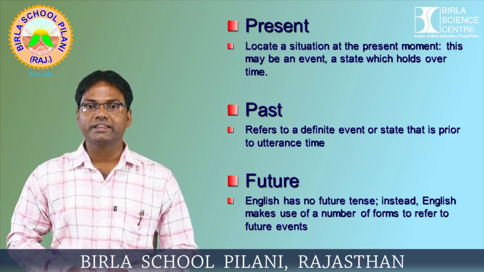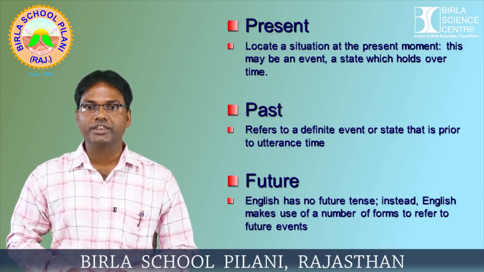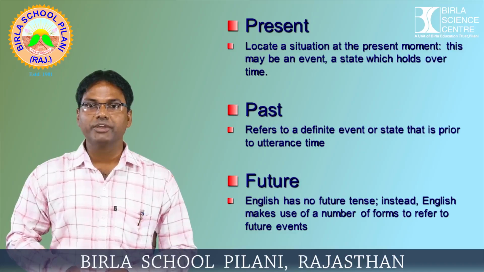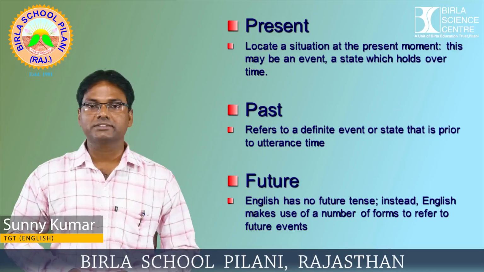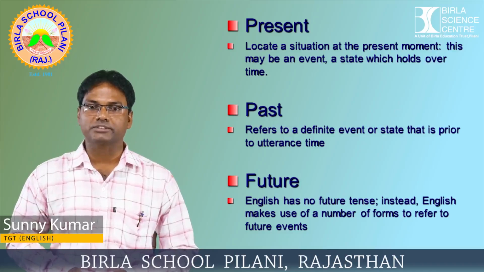And then there is the past tense, which refers to the definite event or state that is prior to utterance time, like if we are talking now, or any kind of happening took place in the past, that will be referred to in the past tense.